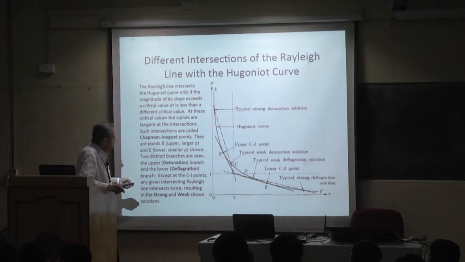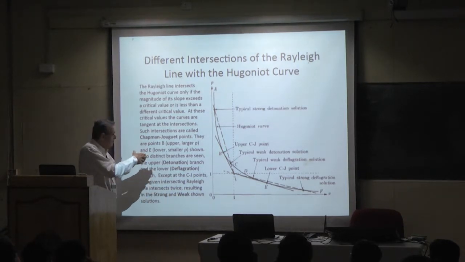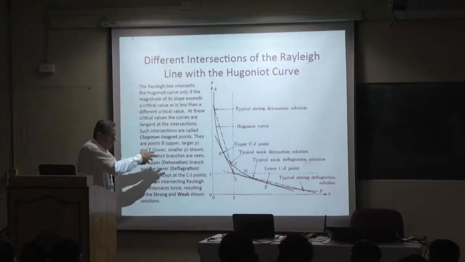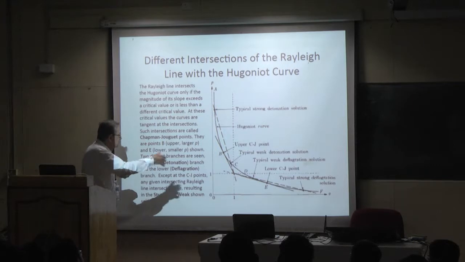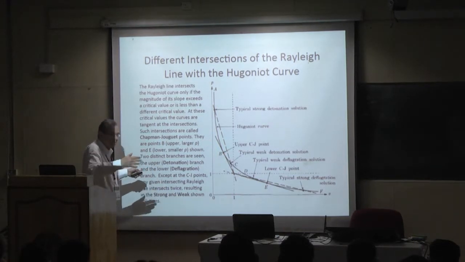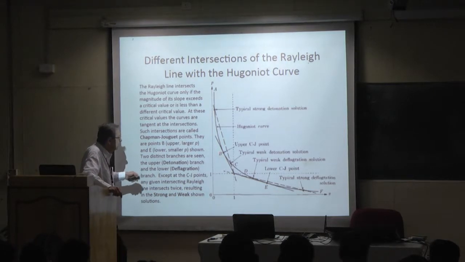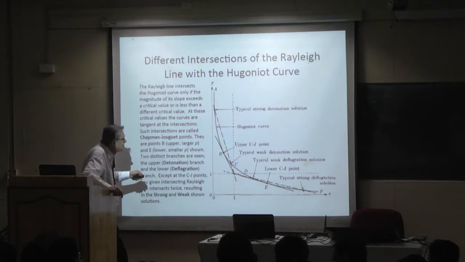But for most situations where the detonations are started by, say, a spark at the end of the tube, and then the deflagration develops and there's a transition to detonation, detonations propagating in tubes or in typical detonation experimental situations, the strong detonation is weakened into the Chapman-Jouguet point.